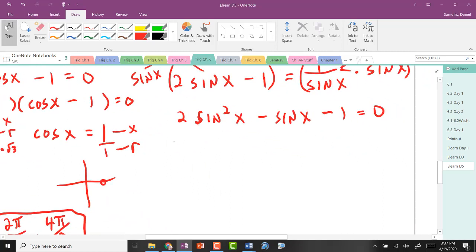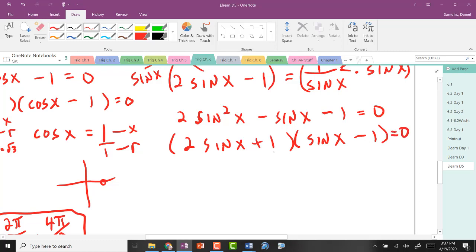So it's going to be the same exact factoring on this one. 2 sine of x times sine of x is 2 sine squared. And then we want the minus 1 here again because minus 2 sine x and plus sine x gives me a negative sine x middle term.